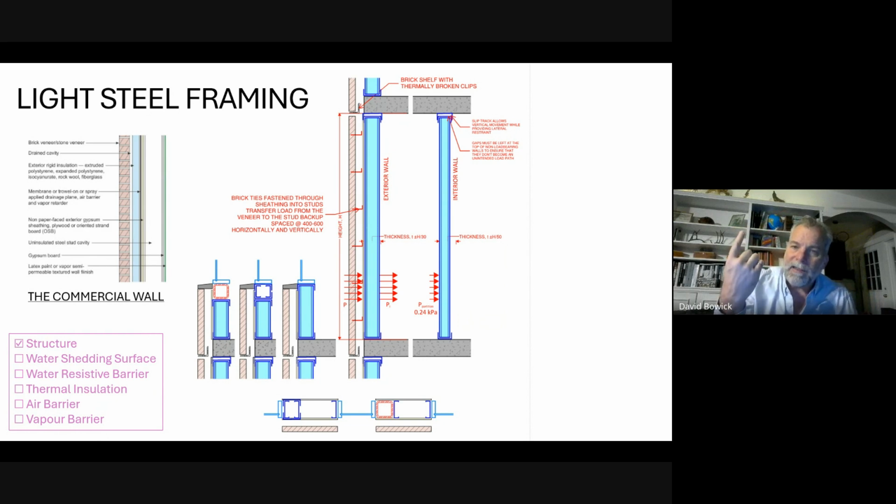We have one track connected to the structure, one track connected to the stud wall, and one slides inside the other. This too is about allowing the slab above to move up and down relative to the slab below, and prevents our stud wall from becoming an unintended load path.